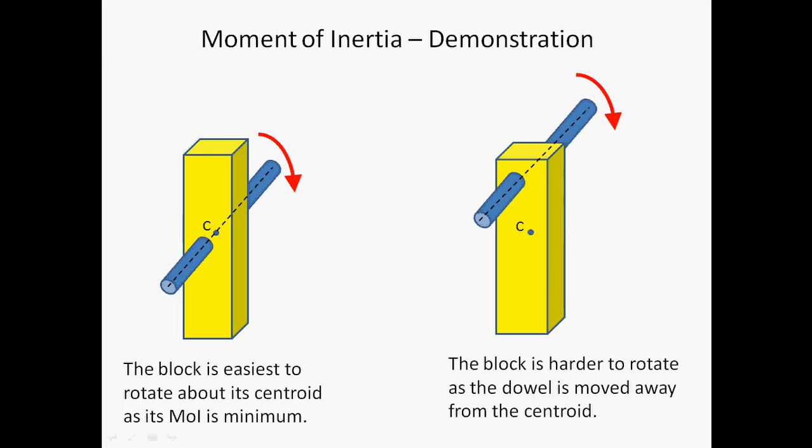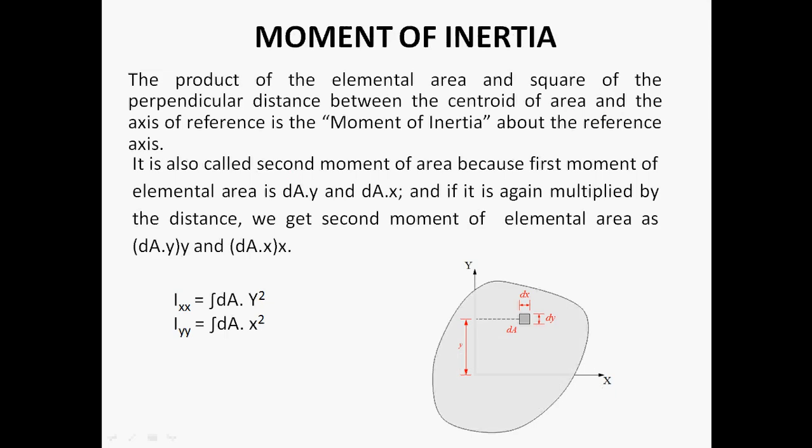Comparing these, the first block is easiest to rotate about the centroid because the moment of inertia required to rotate this component is minimum. Compared to the second, the block is harder to rotate because the dowel point is somewhat away from the centroid. So this is useful to understand the concept of moment of inertia.